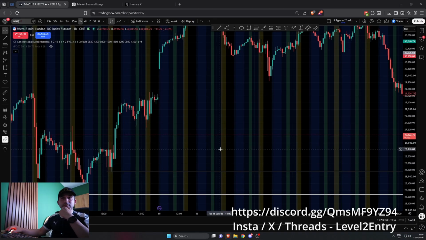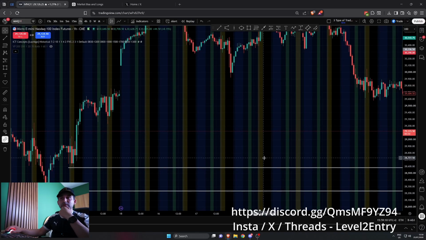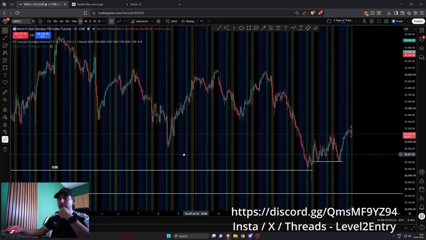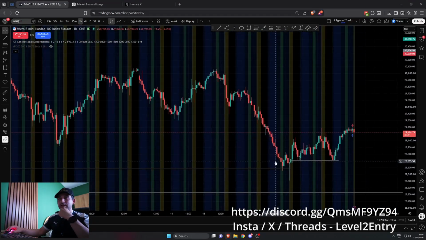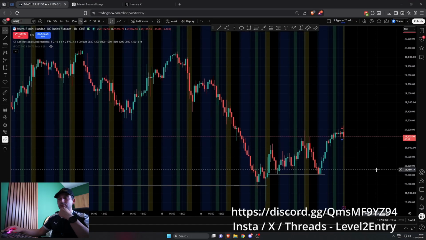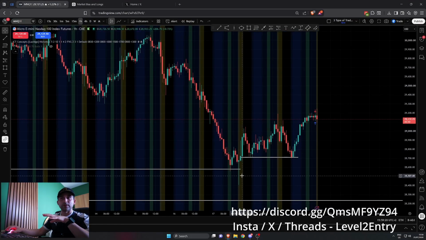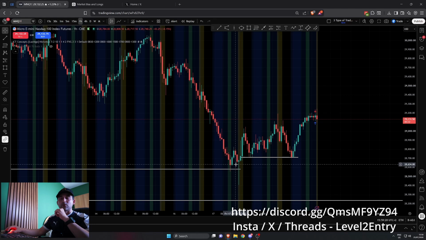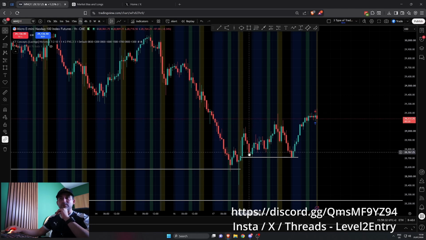I marked it from the lowest point all the way with the line to the right hand side, and as you can see here, price went below it. Just to do a quick recap of what happened on the 17th, price went below that liquidity point, made a bullish move, a retracement, and another bullish movement.